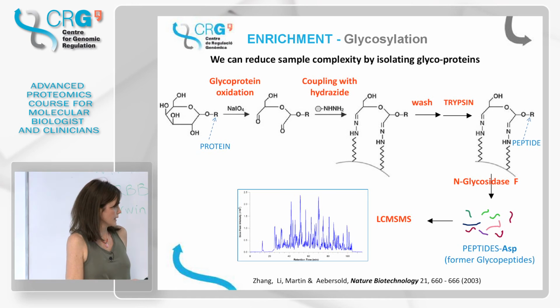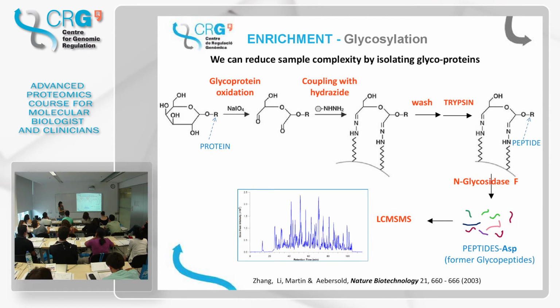Okay, this is the sugar attached to our protein. It can be oxidized in a way that we convert this into an aldehyde that can react with the hydrazide. Okay, this hydrazide is attached to a bead, so now we have our protein, our glycan attached to the bead, and after trypsinizing, where we had the protein, now we have the peptide.